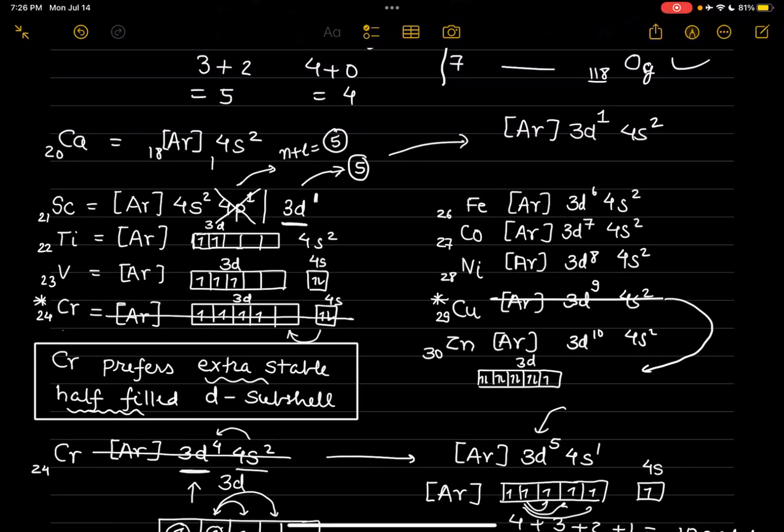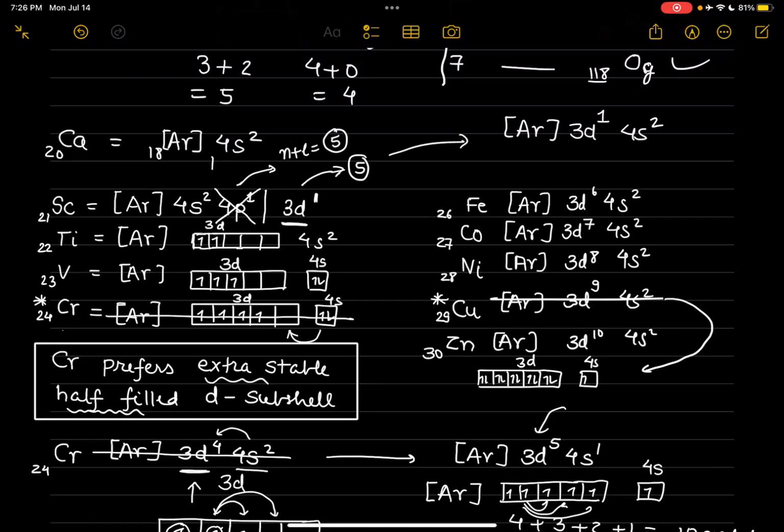The superficial way of saying an answer, a statement which will fit all sets of conditions, is you will say that d10 is extra stable. So how you are going to make d9 as d10, you are going to pull one electron from the 4s and make 4s1 due to extra stability of fully filled d subshell.